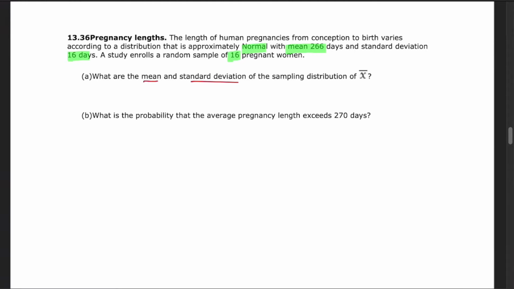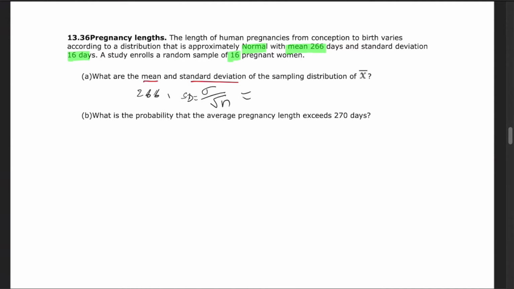We know the mean is given right away, 266 days. Then the standard deviation. For the sampling distribution, the standard deviation equals sigma over square root of n.